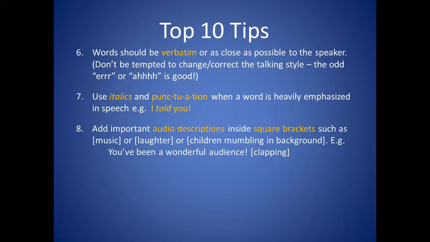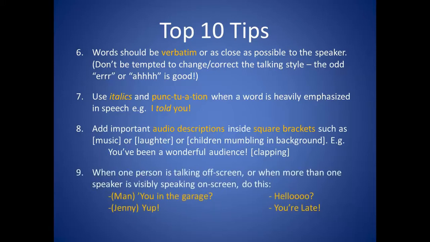So that's how they differ from subtitles. Okay. And there can be long gaps sometimes, in some videos when no one's speaking, but people are laughing or clapping or mumbling or just background chatter. And it's nice to let the person that's reading the captions know that something's going on in audio.